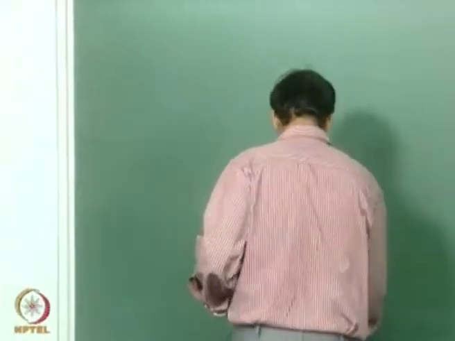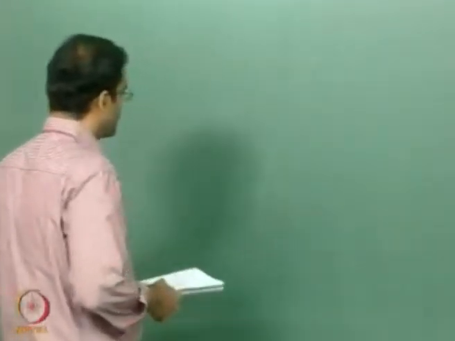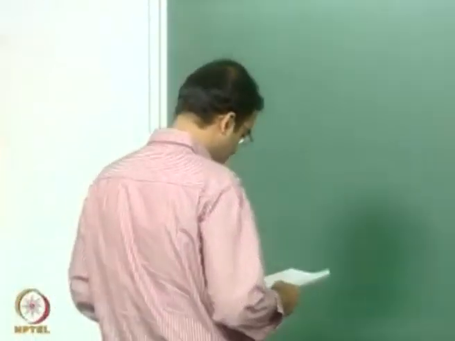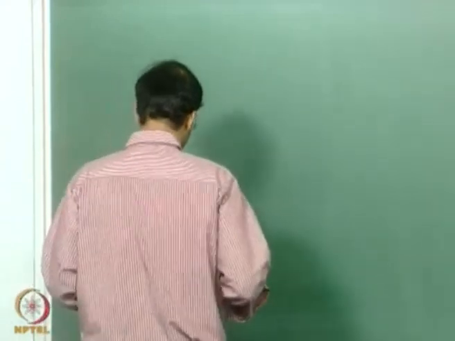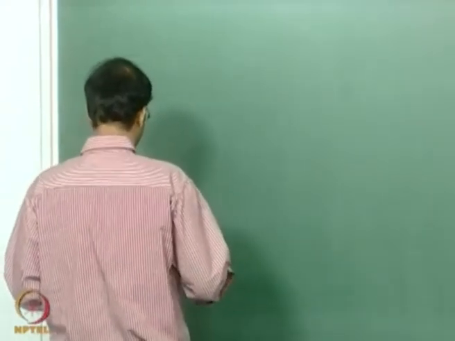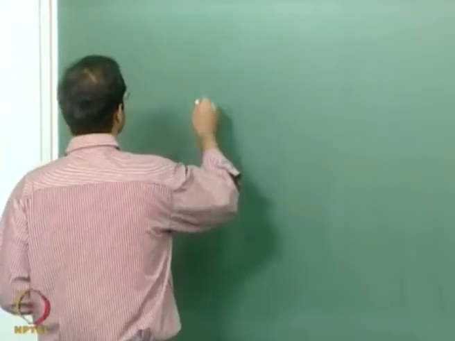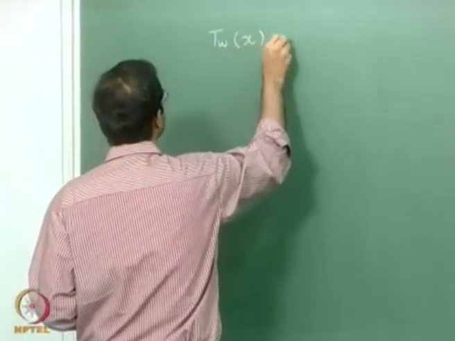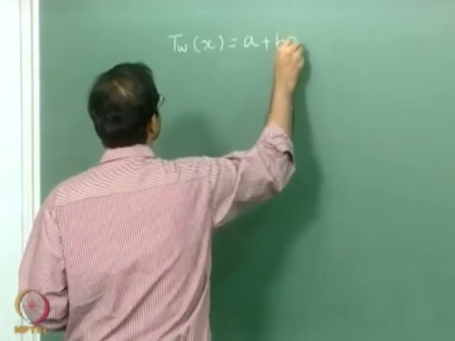So, today we will take up a problem on the variable wall temperature case, and we will look at how to get the expression for the wall heat flux variation as well as the heat transfer coefficient. Let us take the example of a linear surface temperature variation, that is of the form T wall of x is equal to a plus bx.